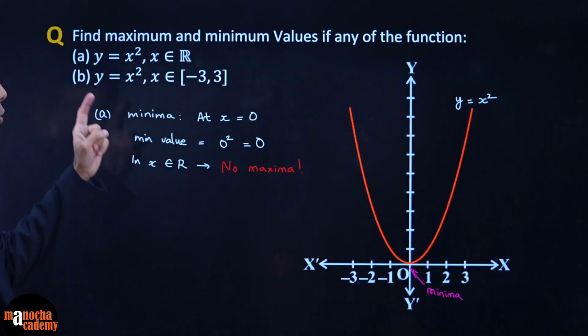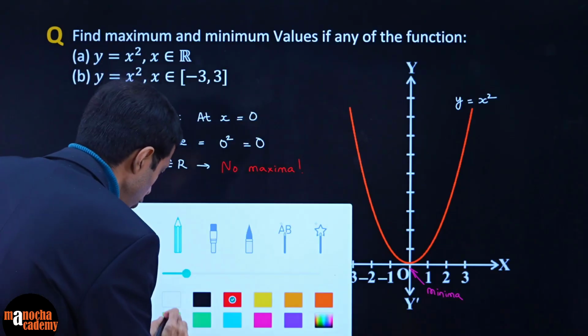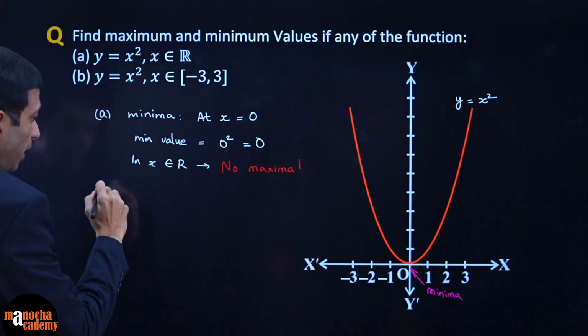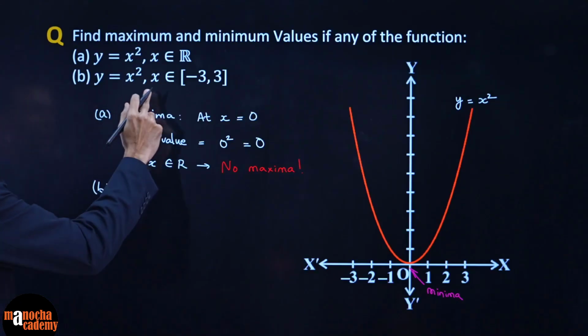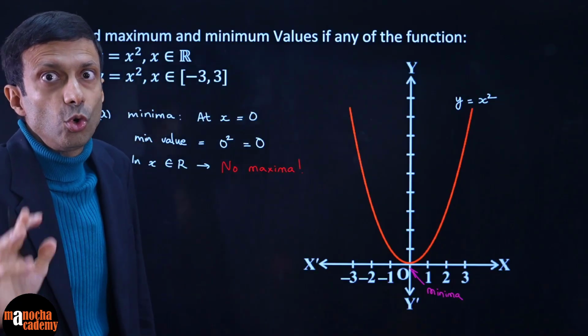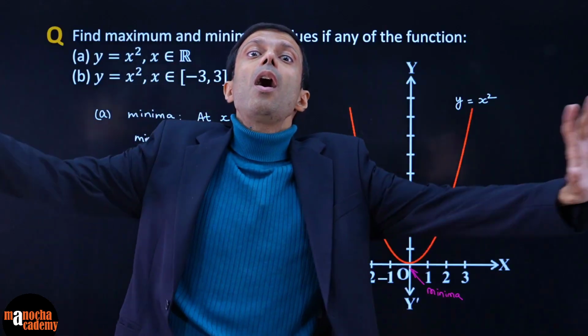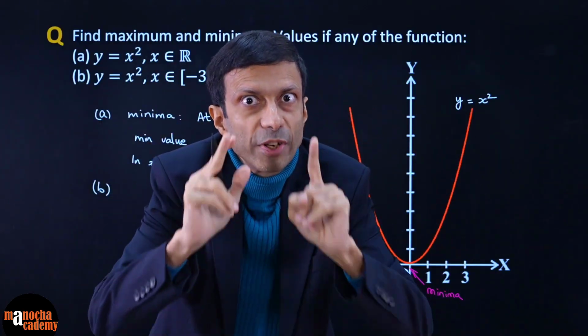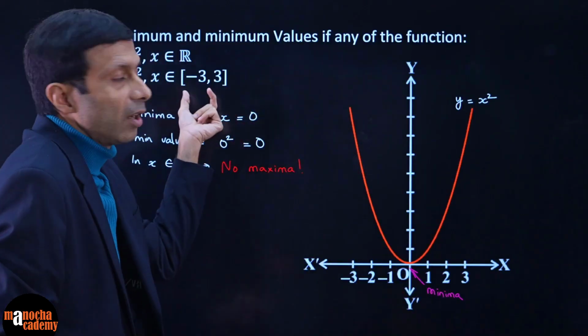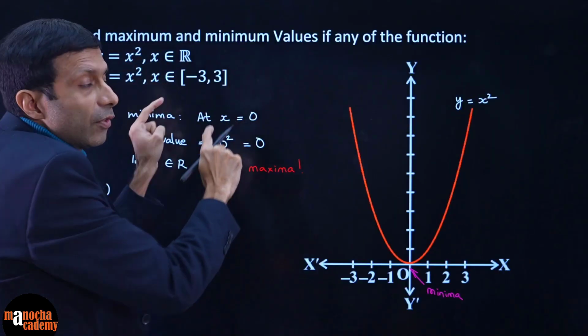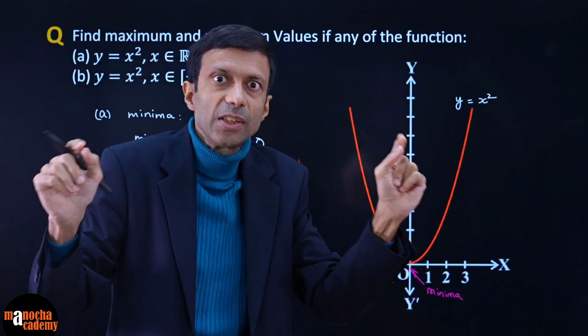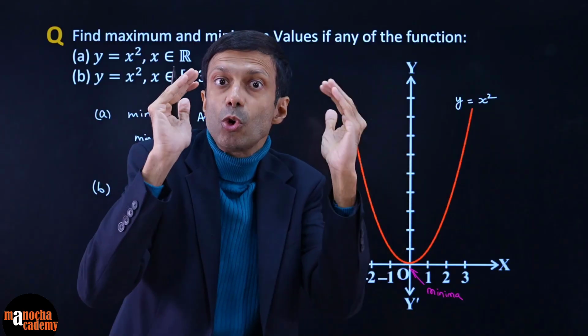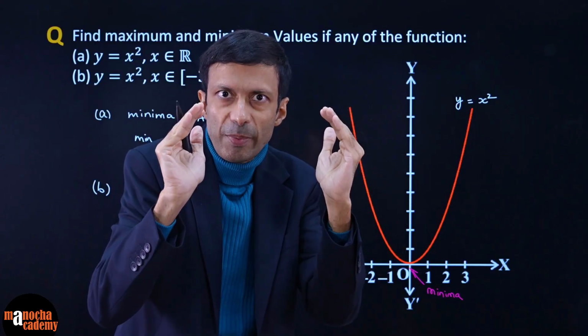But now let's look at part B, and then you will understand the concept. I am explaining it in a very simple way with examples. Look at this. If I tell you, don't consider the entire number line. I want you to restrict yourself to this interval. And you can see it is a closed interval. Closed interval means including the endpoints, and you know from the square brackets. Otherwise open interval means with the open bracket.